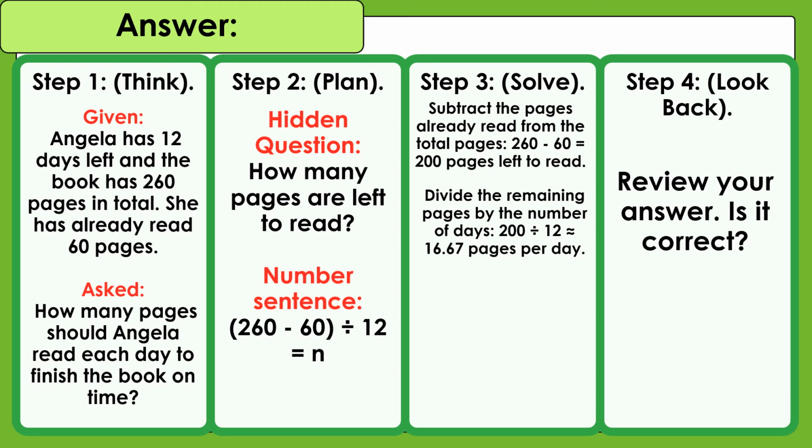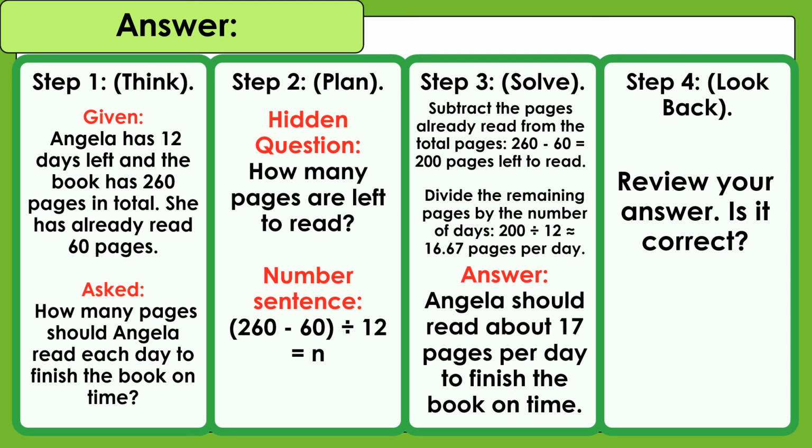Divide the remaining pages by the number of days. 200 divided by 12. That is 16.67 pages per day. The answer: Angela should read about 17 pages per day to finish the book on time.